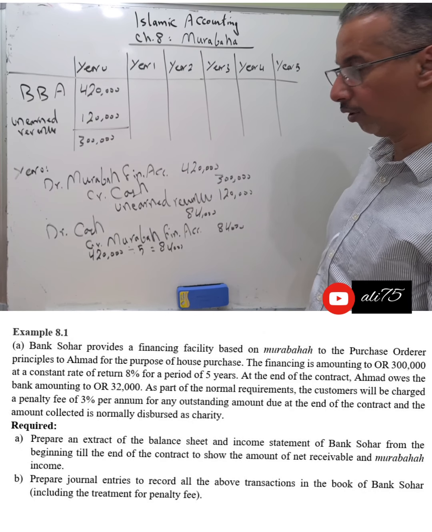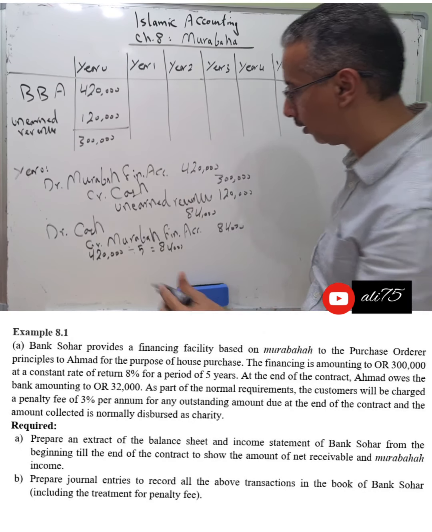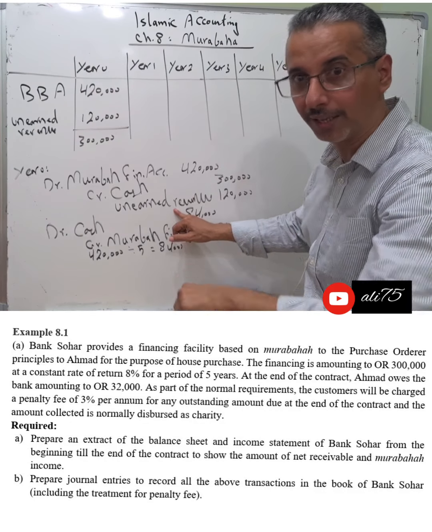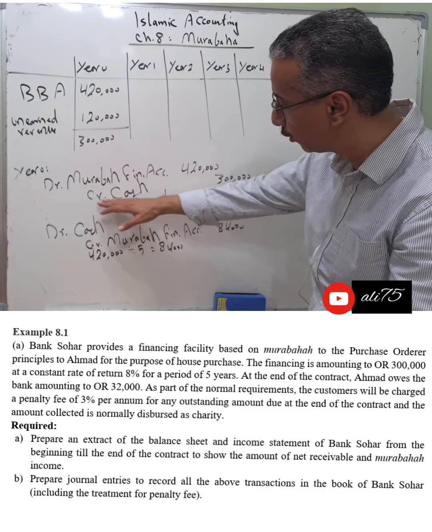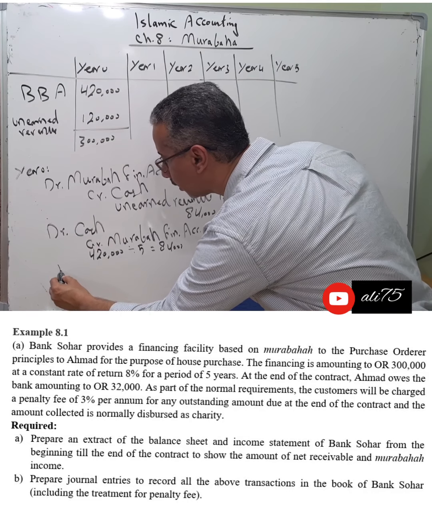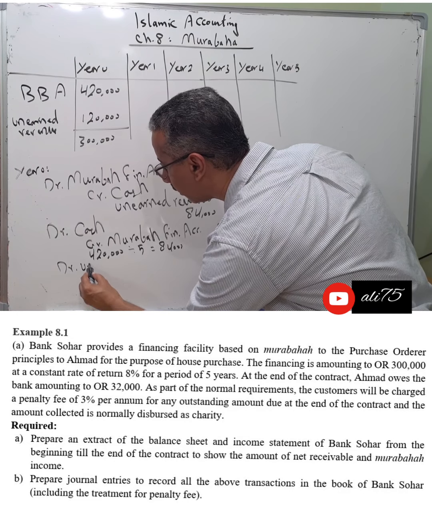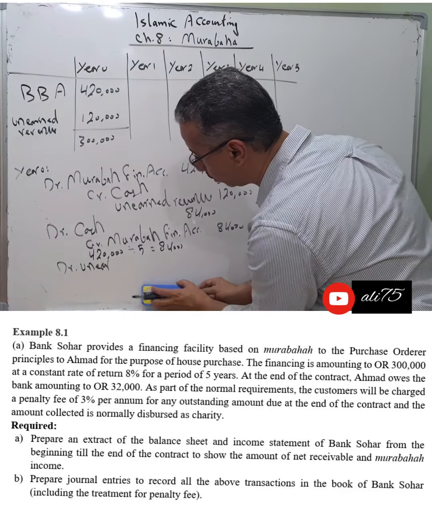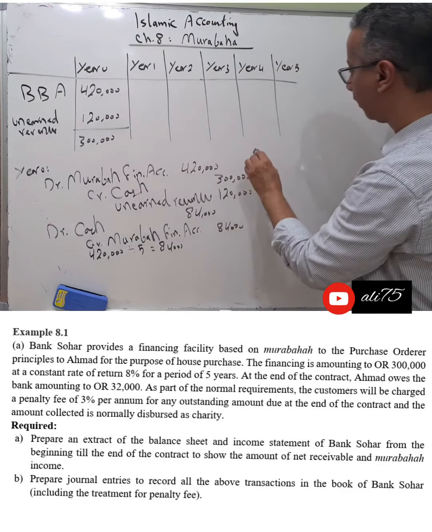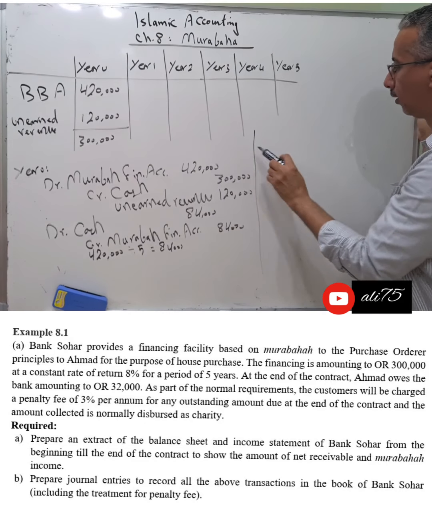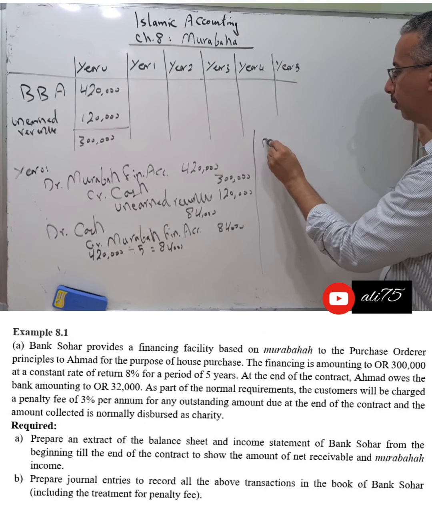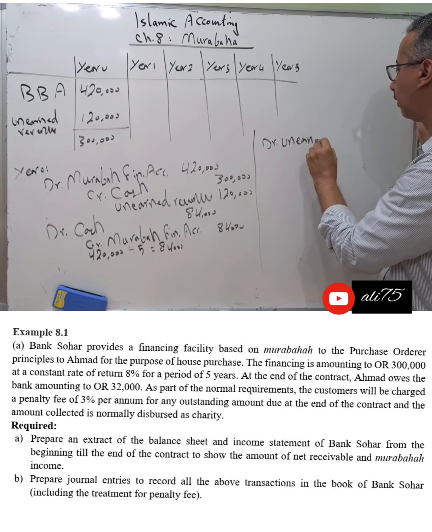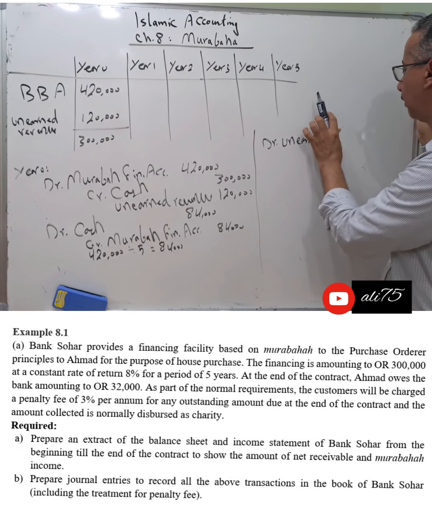That is the first installment payment. Then, as well, there will be unearned revenue that is now earned, so we have to reduce it. It's a credit, so we put it on the debit side. Debit unearned revenue.